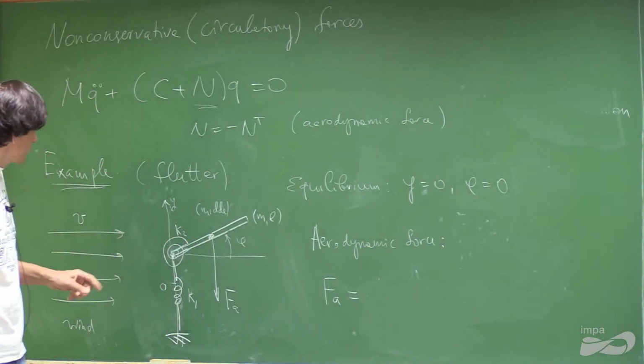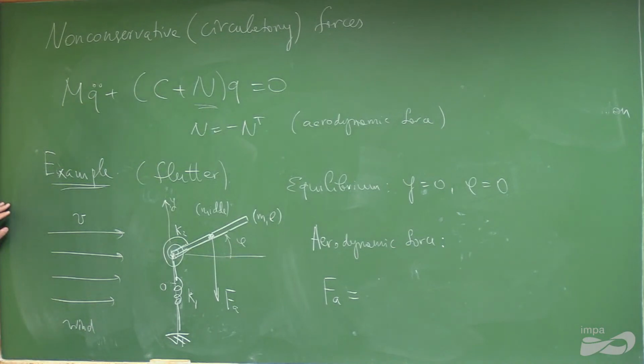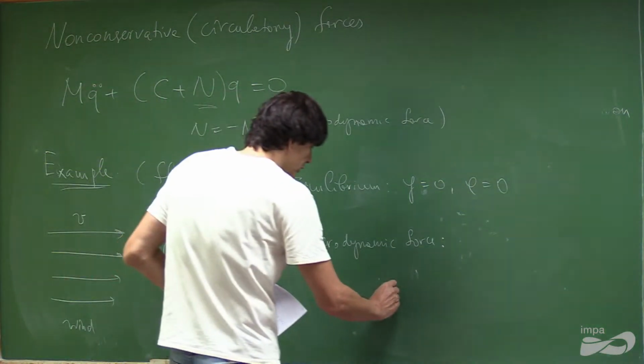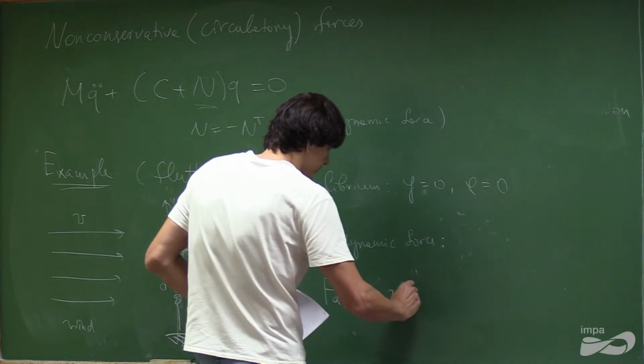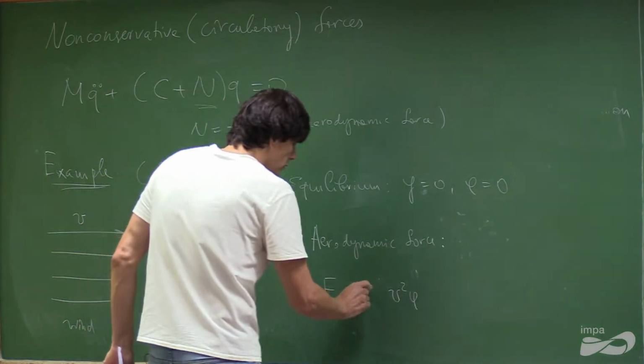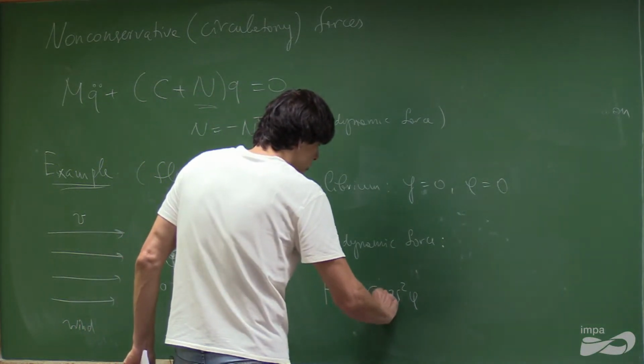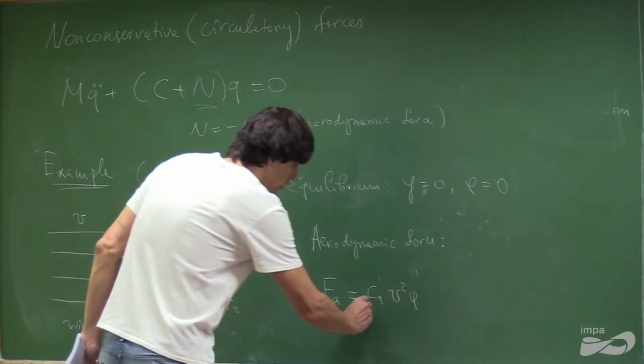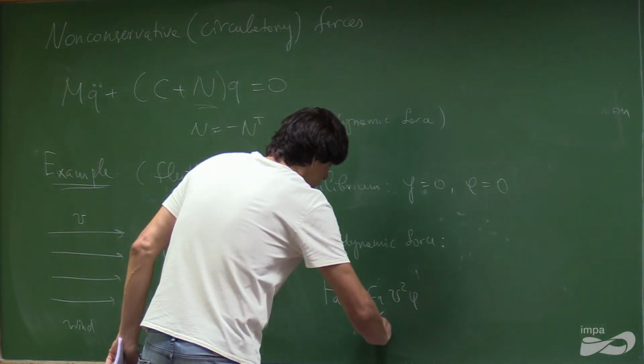And also it should depend on velocity. So the good model, at least for large velocity, is that it is proportional to the square of velocity. Like this. And then there is a coefficient which you can try to measure experimentally, Ca. So this is the aerodynamic coefficient.